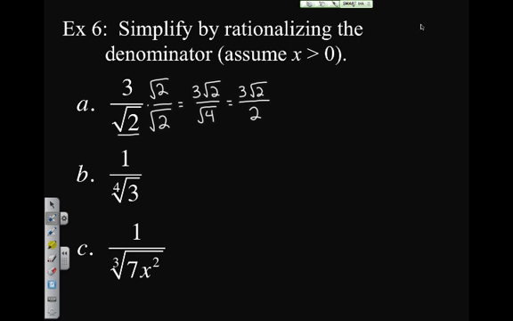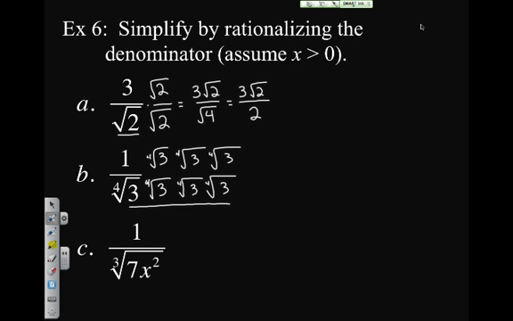For the second one, this one's a little bit more difficult because we need a perfect 4th power. And if we just multiply by the 4th root of 3, 4th root of 3, we get the 4th root of 9. That doesn't help us because there is no perfect 4th root of 9. So what we have to understand is, since this is a fourth root, to make this work we need to end up with 4 3's on the bottom.